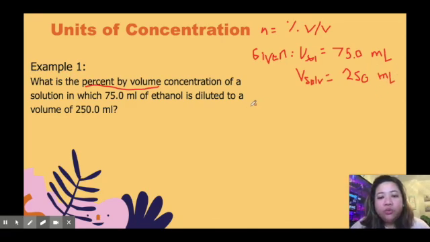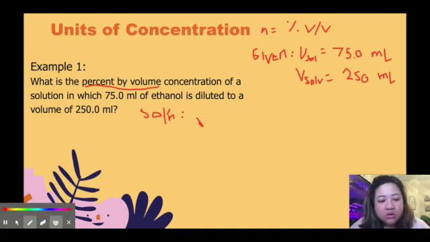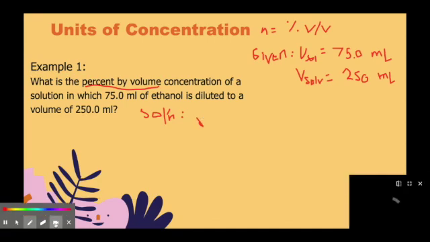Now, let's go on with the solution, SOLN. So remember, our formula is volume of solute over volume of solution times 100. So our solute is 75.0 ml and our other volume is 250 ml.